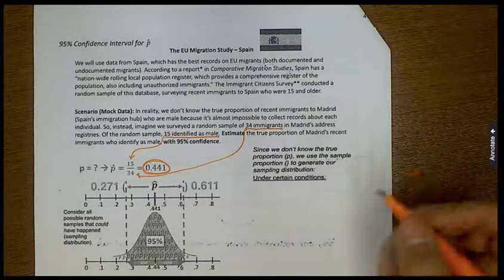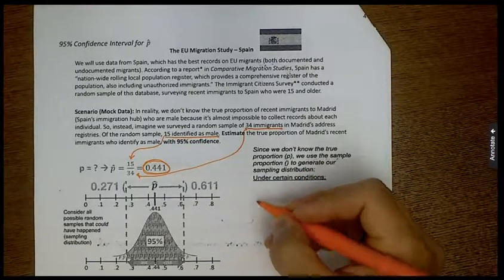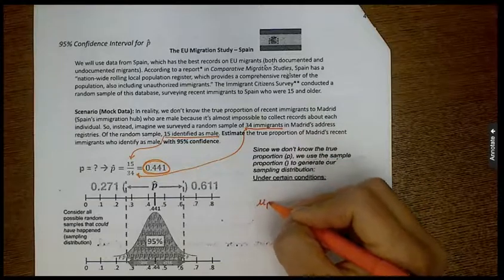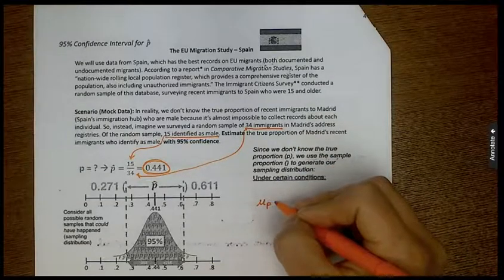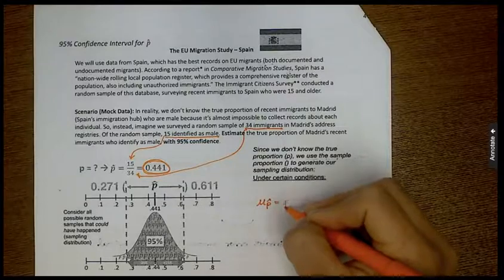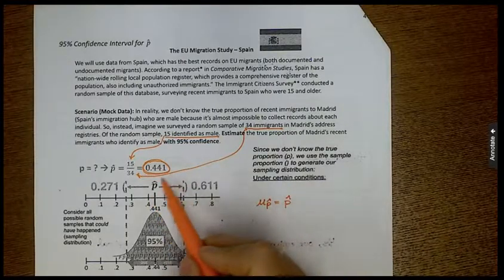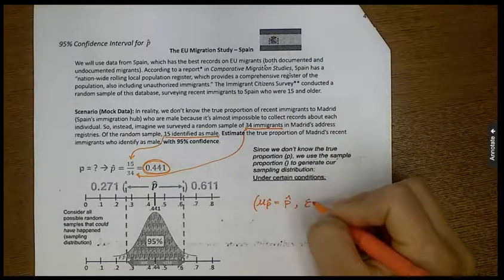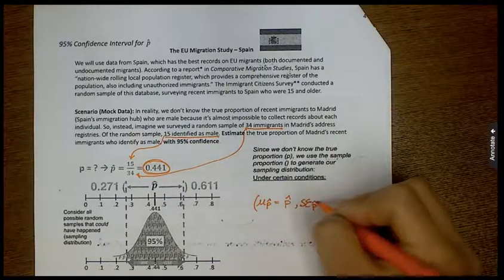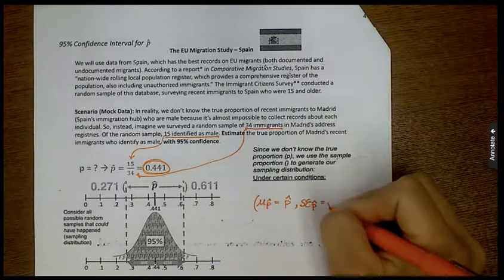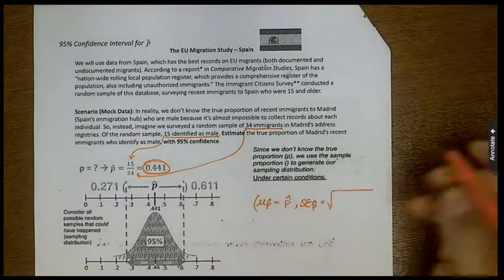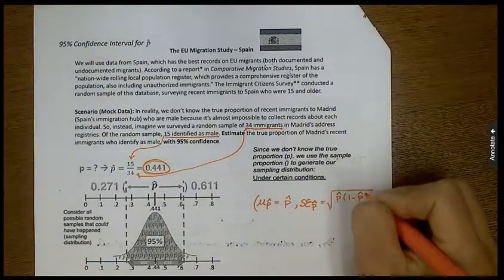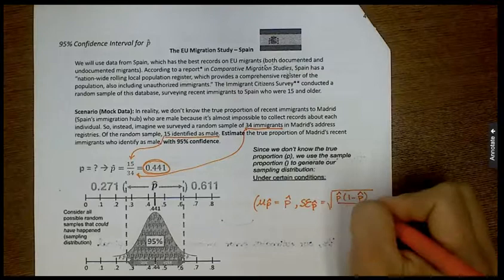For our normal distribution, our mean is going to be p hat, which we already found here. And our standard error for p hat is going to be the formula we wrote down on the previous page in the beginning. So it's going to be the square root of p hat times 1 minus p hat, divided by n.